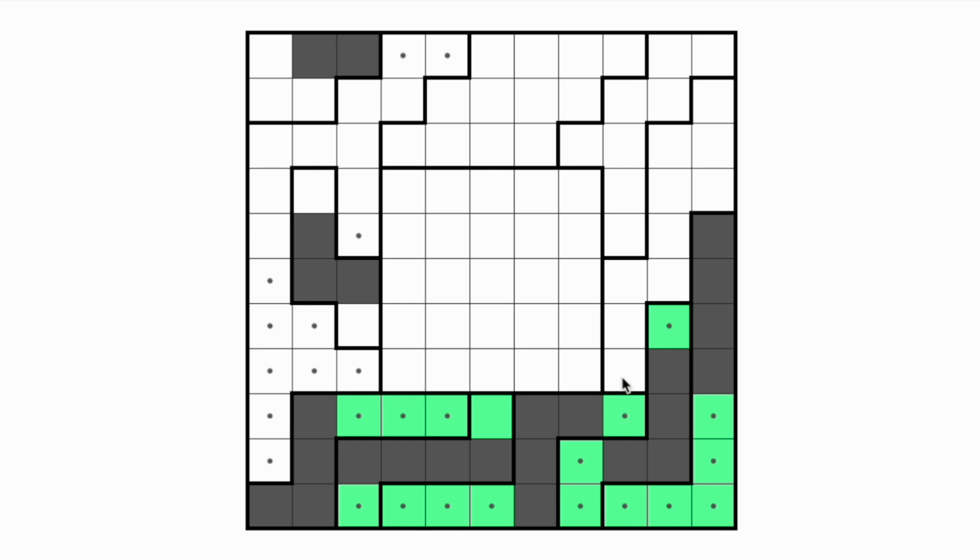This one I can rule out, because if we shaded this, then we'd get this shape, which is the same as that shape. So this one's out.